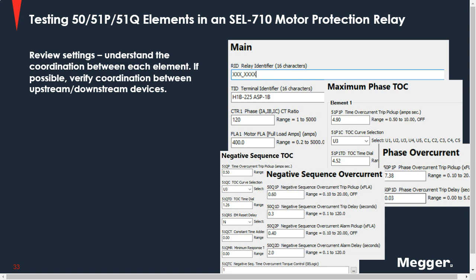Whenever you see that kind of inconsistency, it should automatically catch your attention, and you should at least go back to the protection engineer and verify that this agrees with the intent of the protection scheme.